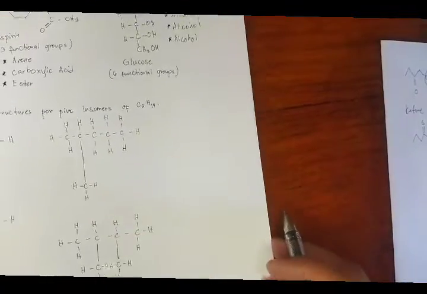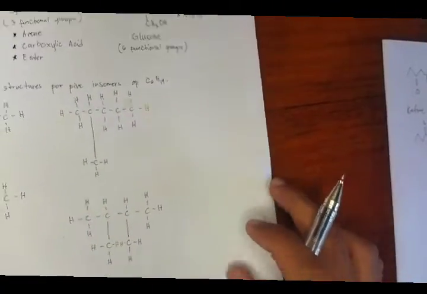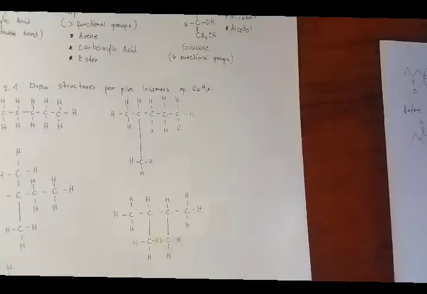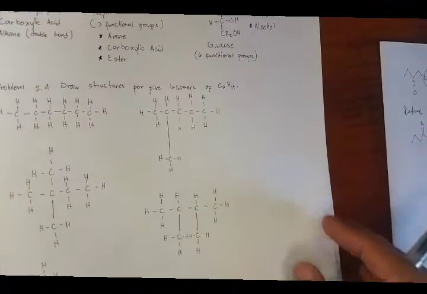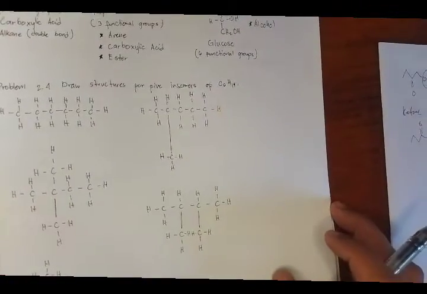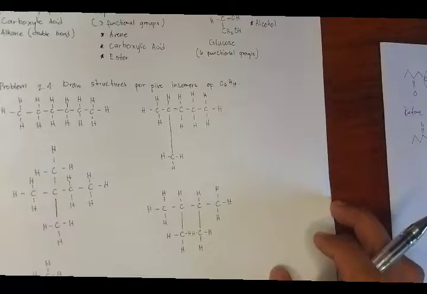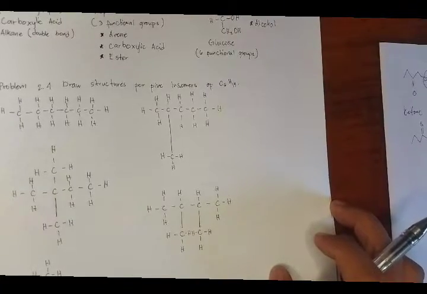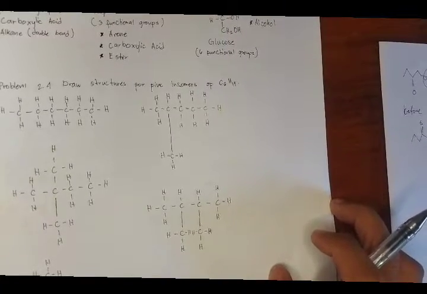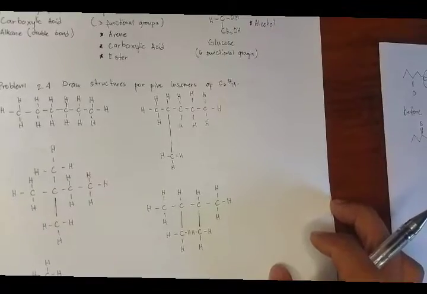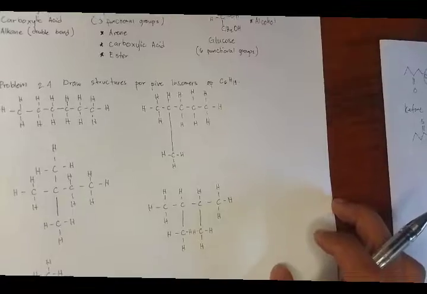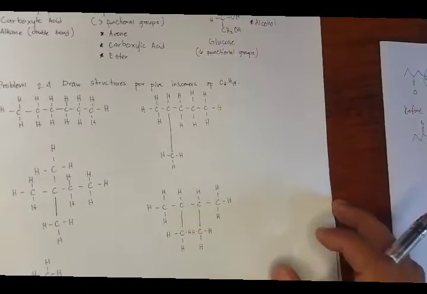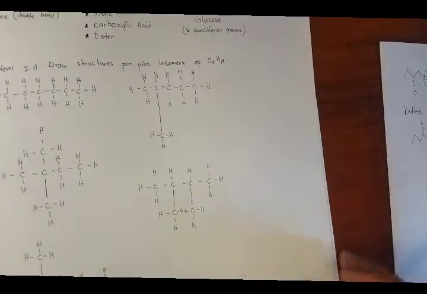Now here on problem 2.4, we are going to draw structures for 5 isomers of C6H14, so 6 carbon and 14 hydrogen. We can draw that in as many ways as you want.